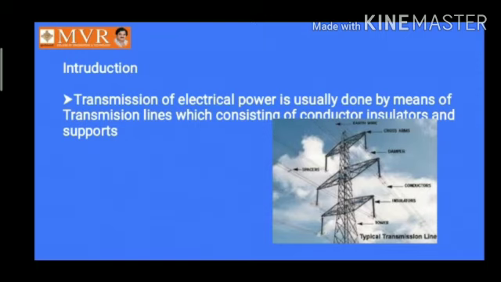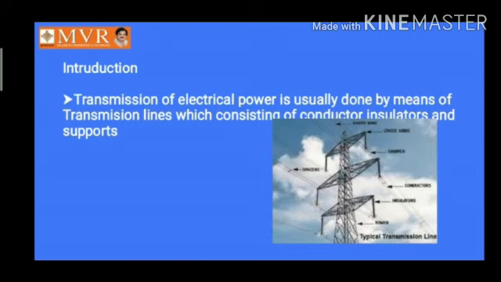Before going to the topic, we have to recall that transmission lines are used to transmit the power from source to distribution, because the generating stations are located at remote places and load centers are away from the generating stations.